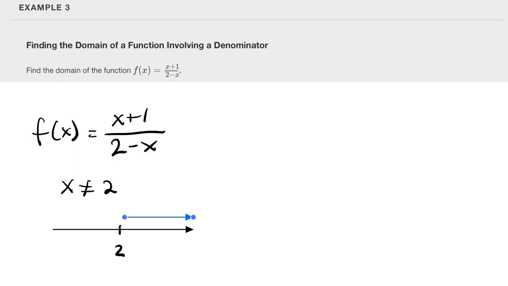And then because we don't want to include 2, the grouping symbol we're going to use are parentheses. The parentheses means we get infinitesimally close to this number, like we get really close to the number, but we don't include the number. So this would be the graph of this. And then to translate from the graph to interval notation, the far left is what?